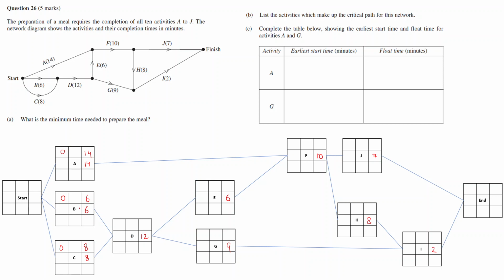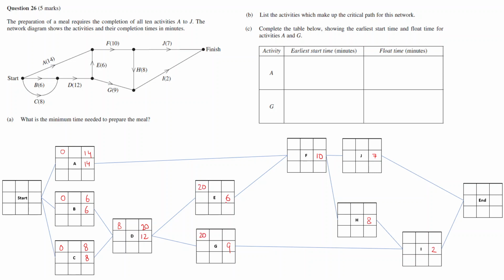Even if B is finished by 6, C is not finished, so D cannot start. So the earliest D can start is the maximum of the two, so we'll put 8 over here. Same process, 8 plus 12 is 20. Both E and G are dependent on D, so we can take 20 from here and put 20 here and here.